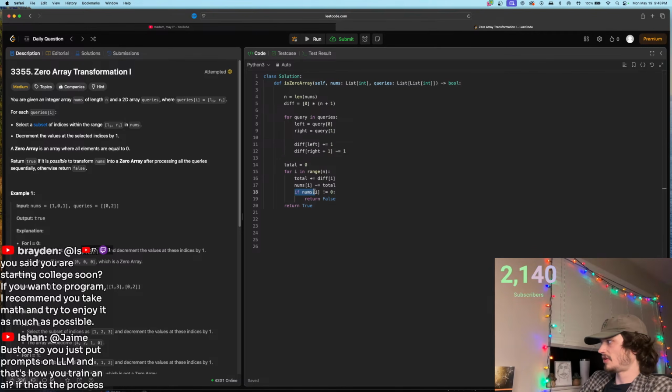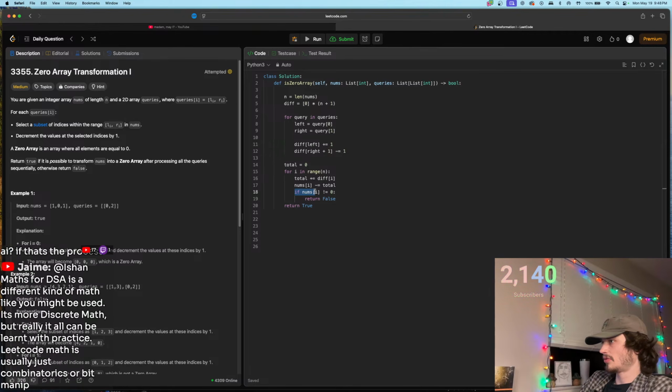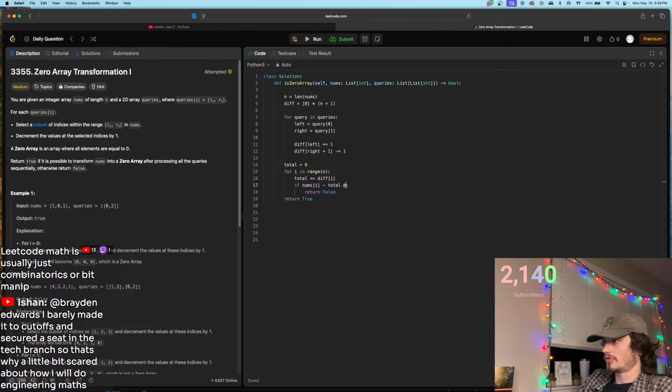If nums index I less than total does not equal 0, return false.